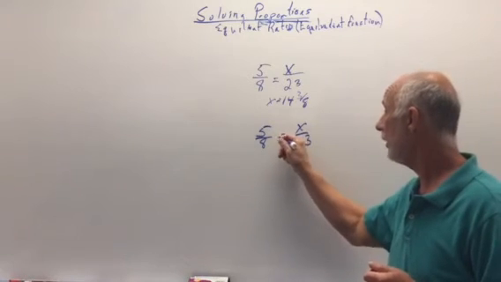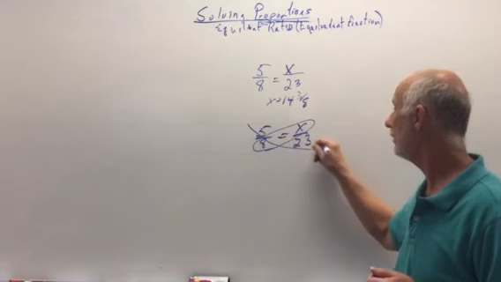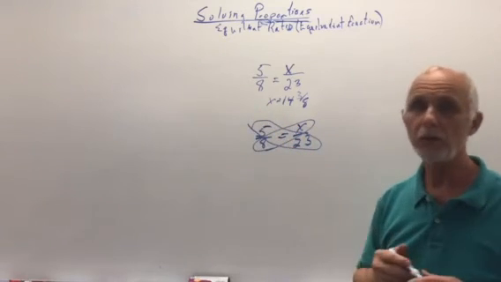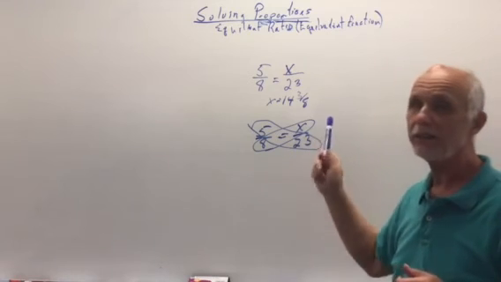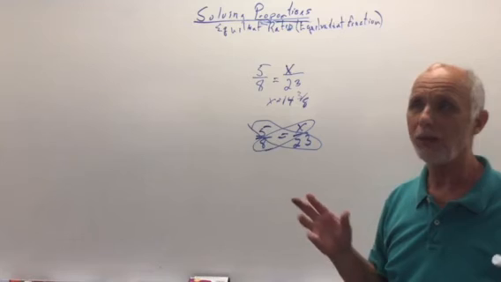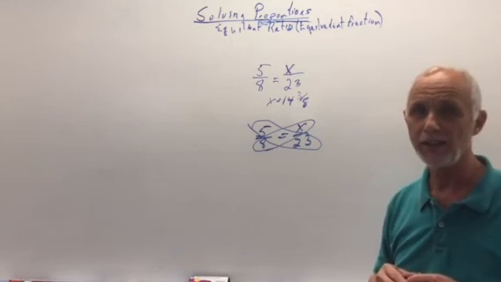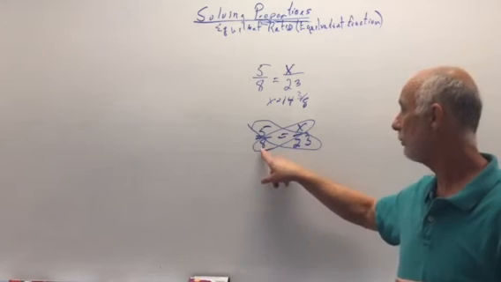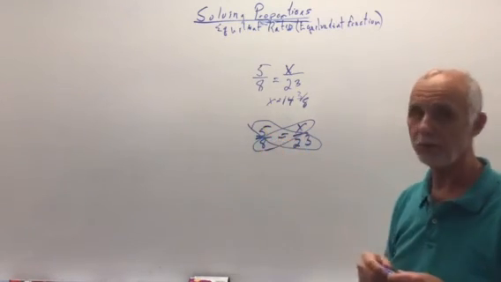But since these are equal, that means this times this has to equal this times this. By the way, when you move on to high school, that's called the product of the means is equal to the product of the extremes. And again, I don't know where that comes from. Maybe your high school teacher can explain why they say that. But all it means is if you cross multiply these two, it has to equal these two cross multiply.